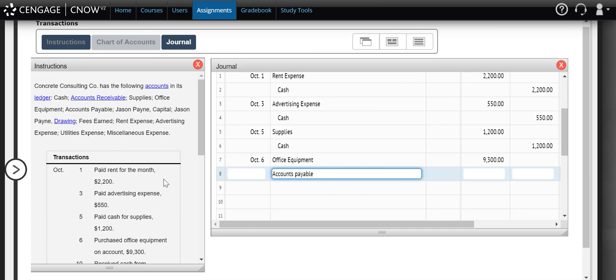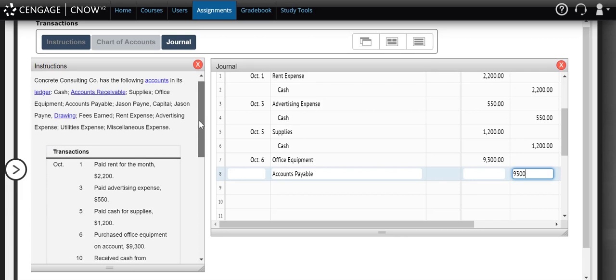So anytime you see on account, that means it's either dealing with accounts payable or accounts receivable. So on account, notice out of all of our chart of accounts, there's only 2 that have the word account in the title. Accounts receivable and accounts payable. When we have an account and we've purchased, that means that we have an accounts payable. We're going to have to pay for our purchase sometime in the future.